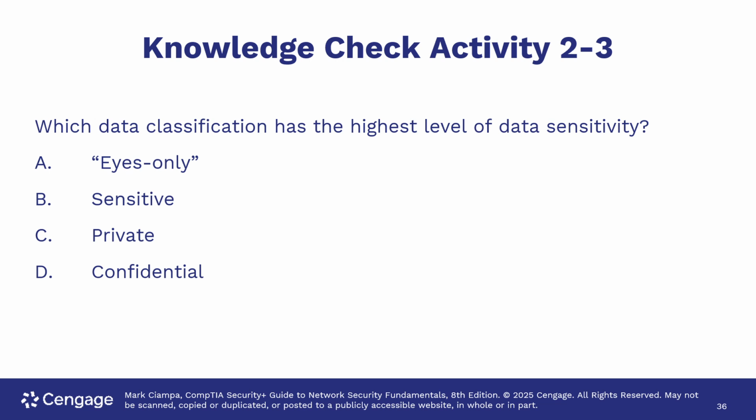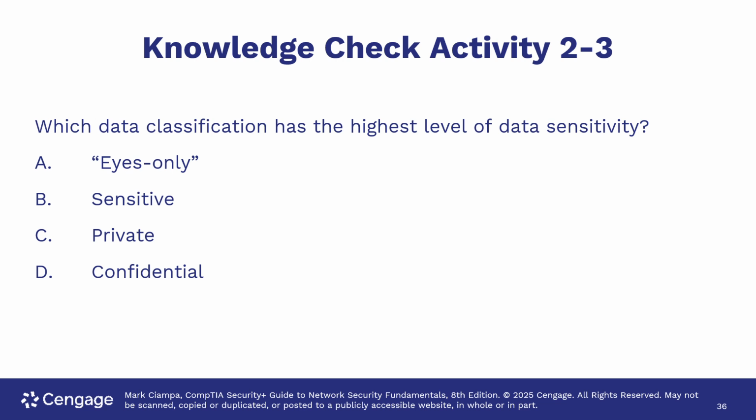So let's do our knowledge check activity. This is the third one. Which data classification has the highest level of data sensitivity? Is it eyes only, sensitive data, private data, or confidential data?